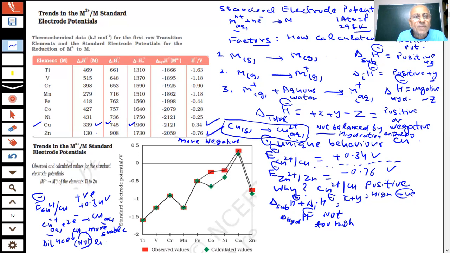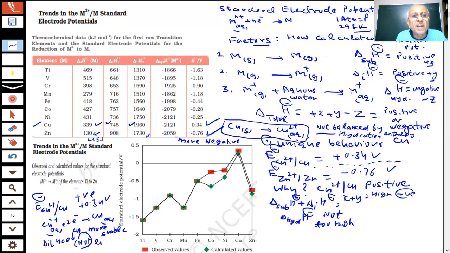Less, because zinc is 3d10, completely filled, so the bonding is weak. The second ionization enthalpy also is not that high, and the hydration enthalpy is quite compensating, therefore it becomes quite negative.